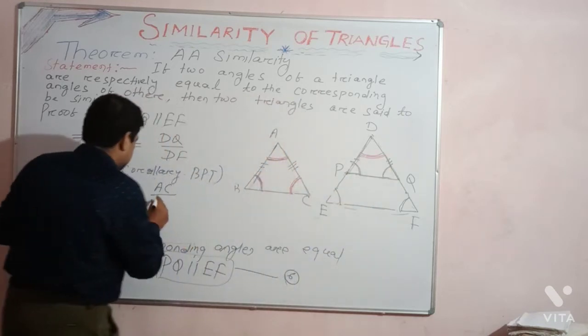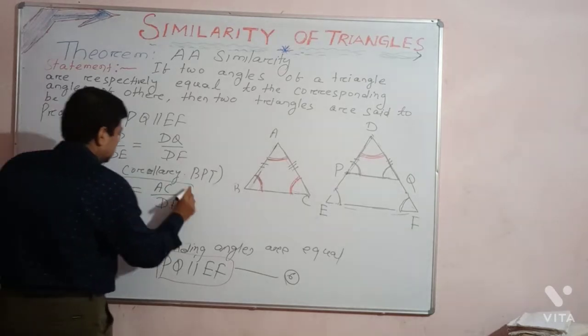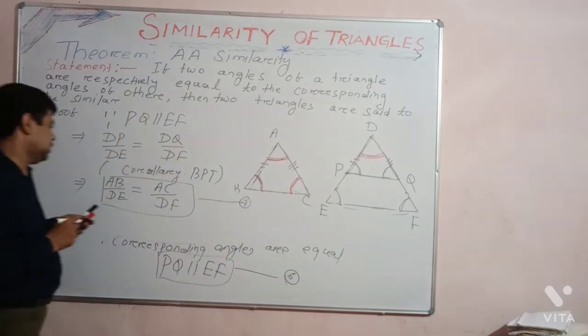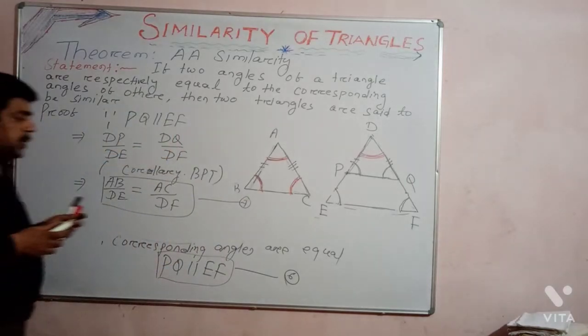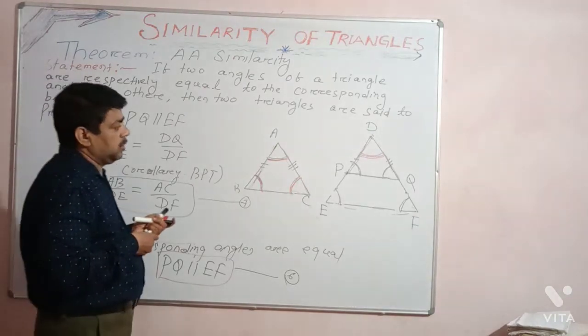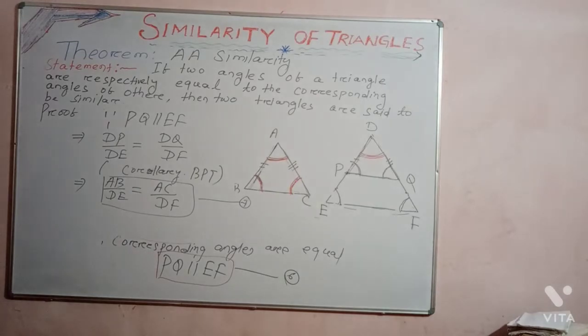So AB by DE is equal to AC by DF. This is a very important point, point number 7, we got. Yes or no?